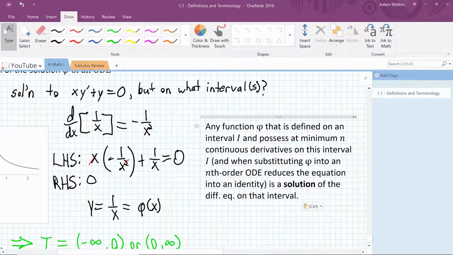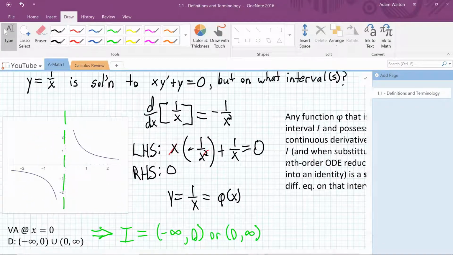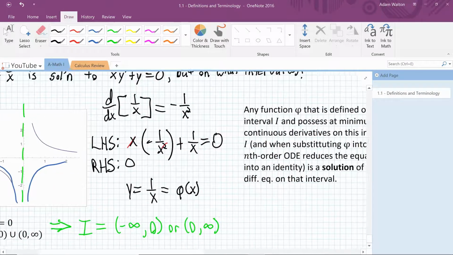Our highest derivative is the first derivative. If we think about negative 1 over x squared, on our intervals that we are considering, the derivatives that we need up to n are in fact continuous, so that checks out.